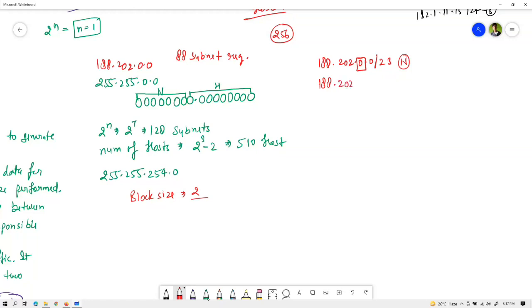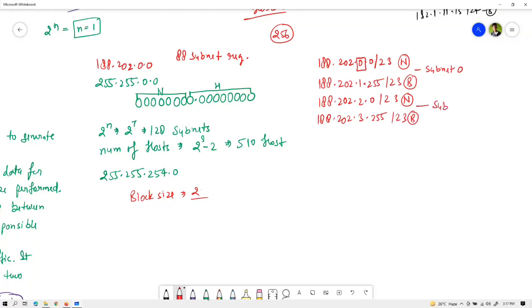So 188.202.1.255 will be its broadcast address, right? Yes. Because block size is 2, this is subnet 0. After this, the network address is 188.202.2.0/23. This is the network address of subnet 1, and the broadcast address will be 188.202.3.255.